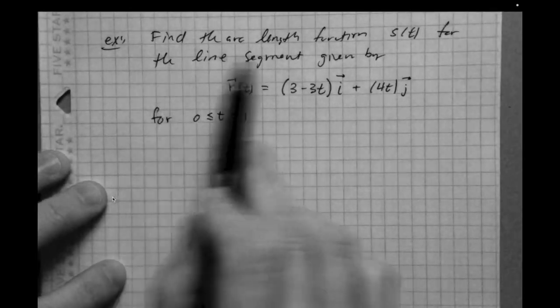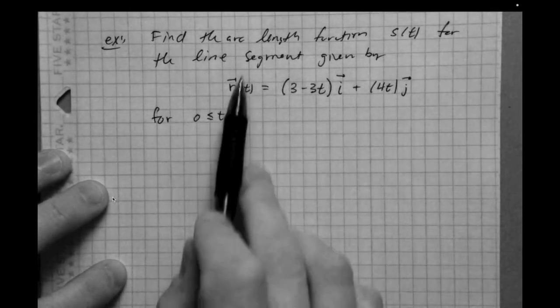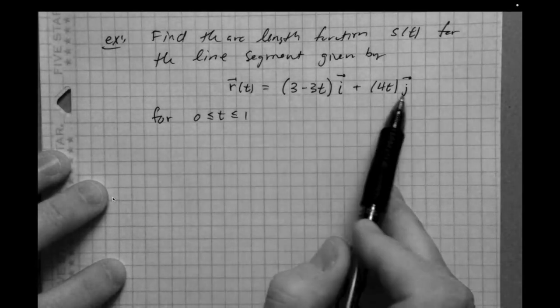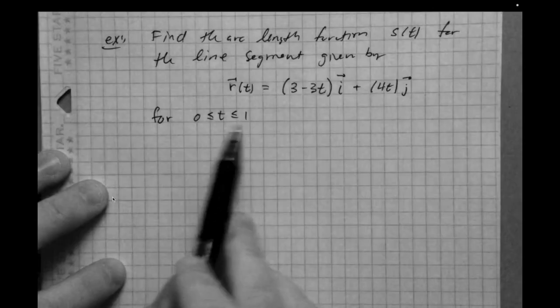So we're going to find the arc length function s for the line segment r of t, defined by r here, on the interval 0 to 1.